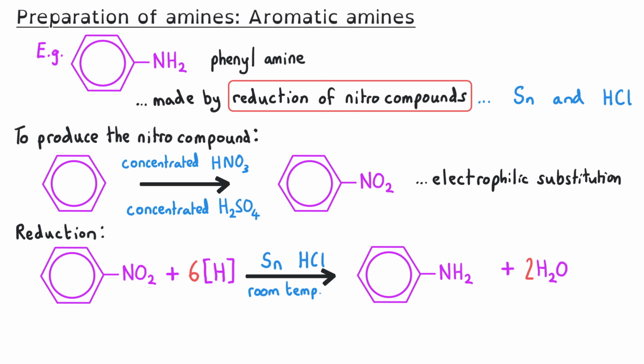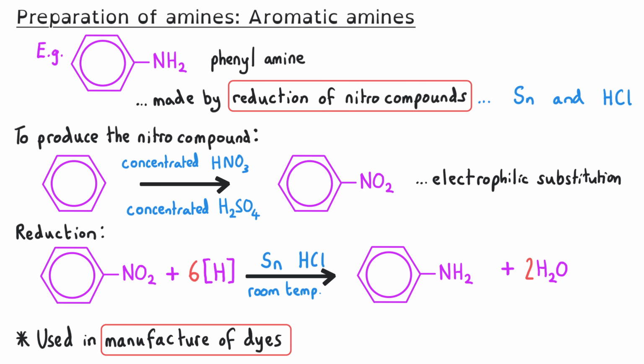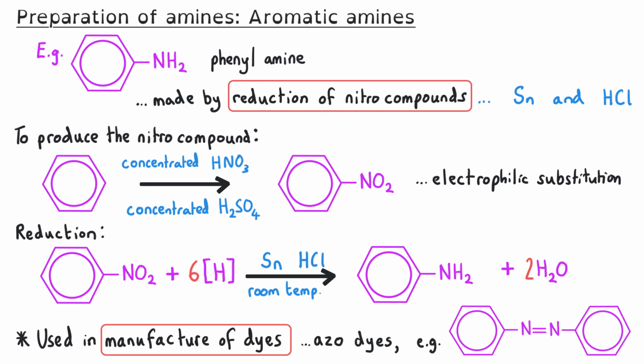And so overall, we need 6 H in our balanced equation. The variety of aromatic amines that can be produced in this type of reaction are used in the manufacture of dyes, more specifically very brightly coloured dyes known as azo dyes, which are characterised by having this type of group of nitrogen atoms connecting several benzene rings together.